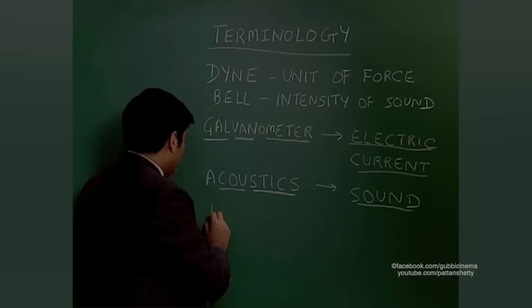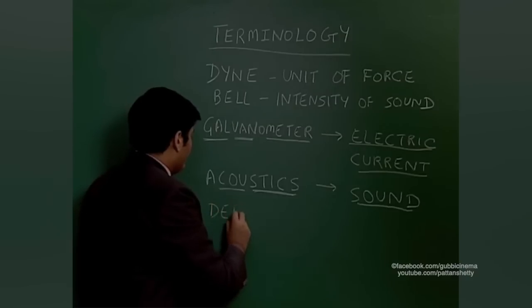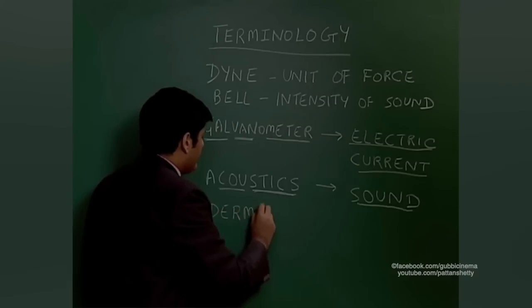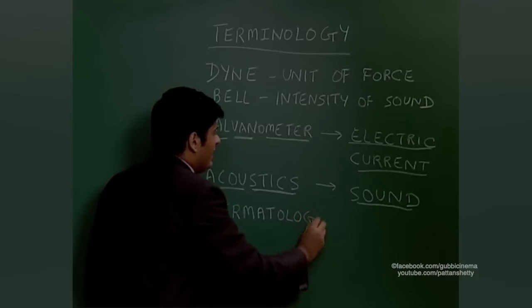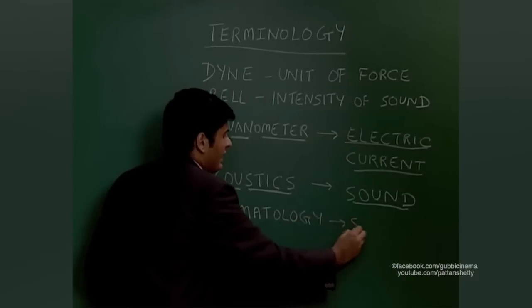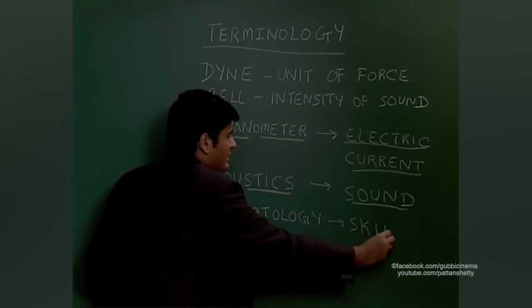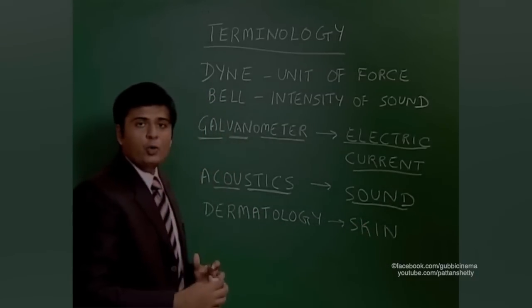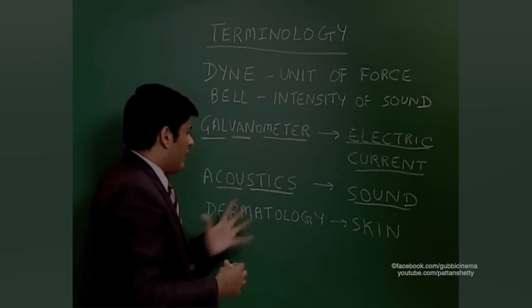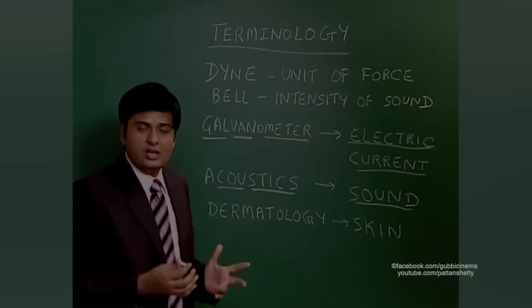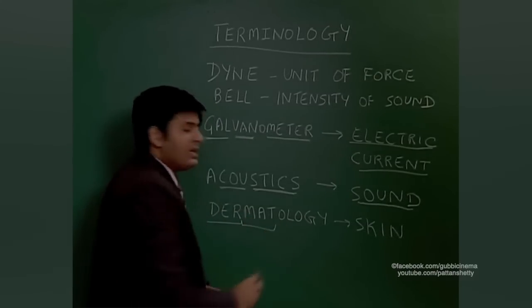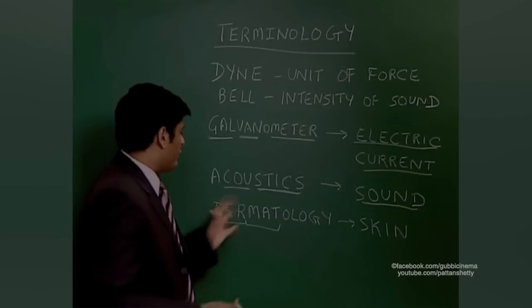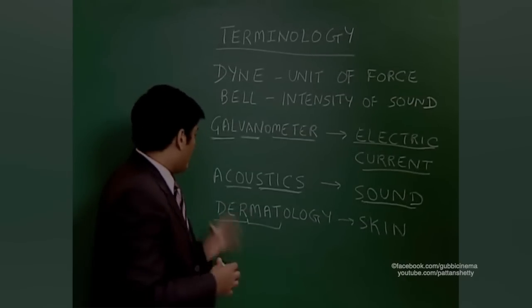Similarly, friends, dermatology is a science, and this science is used to deal with skin ailments, skin types, and skin diseases. How do you visualize and remember that dermatology is related to skin? Very easy. Instead of doormat, take doormat.